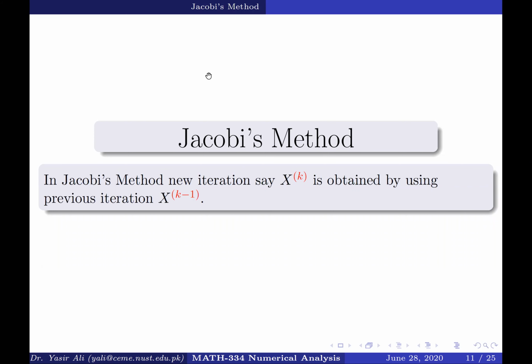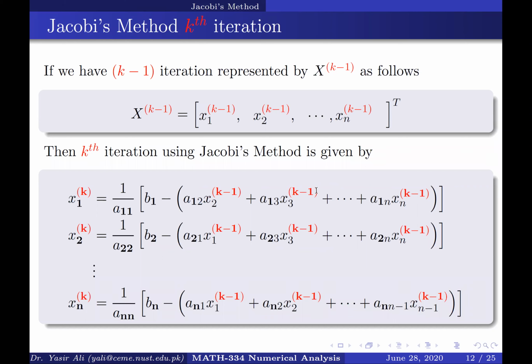Now, what is the Jacobi method? The Jacobi method is the one in which we find the new iteration xk with the help of the previous iteration, which is denoted by xk minus 1. Here I can represent everything in mathematical form. We have xk minus 1, meaning the k minus 1 iteration, and we can use all the components in this iteration to find the new iteration, which is named xk, and this method is very simple.